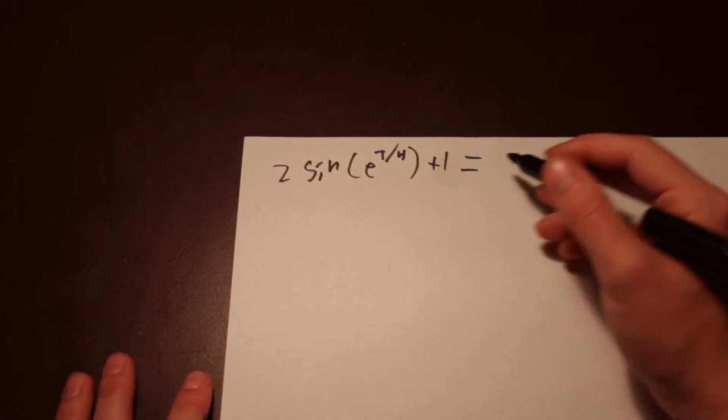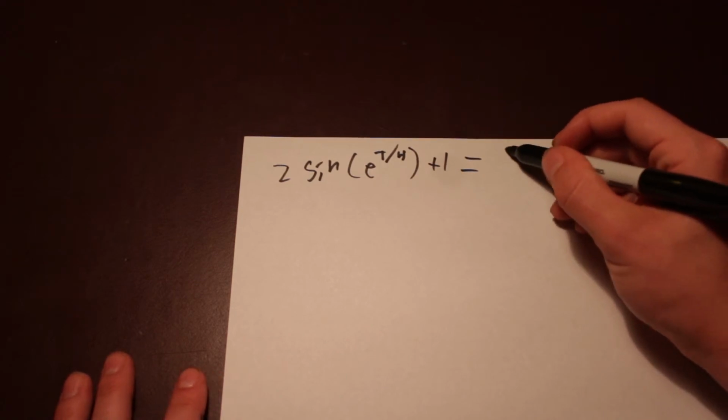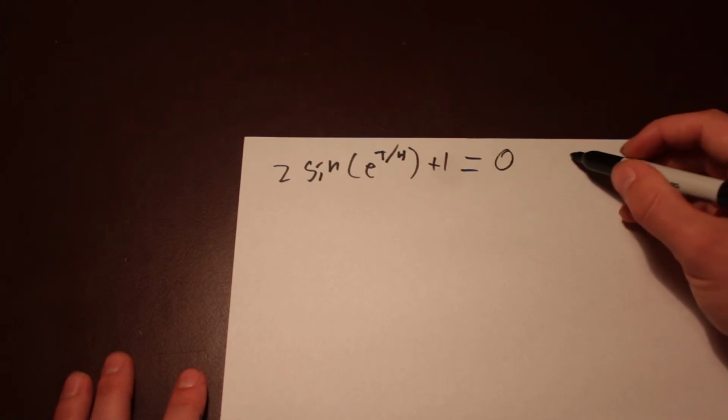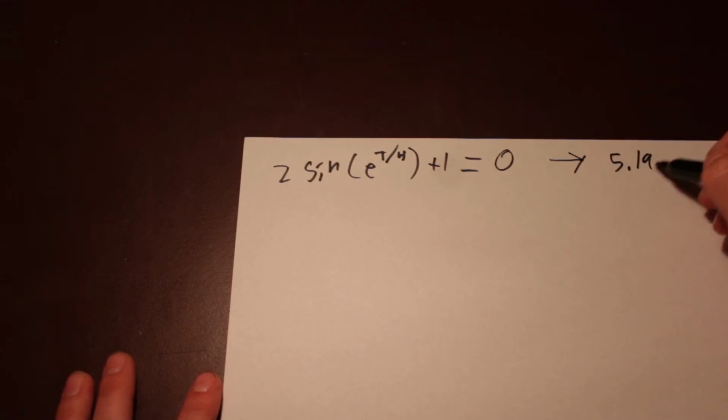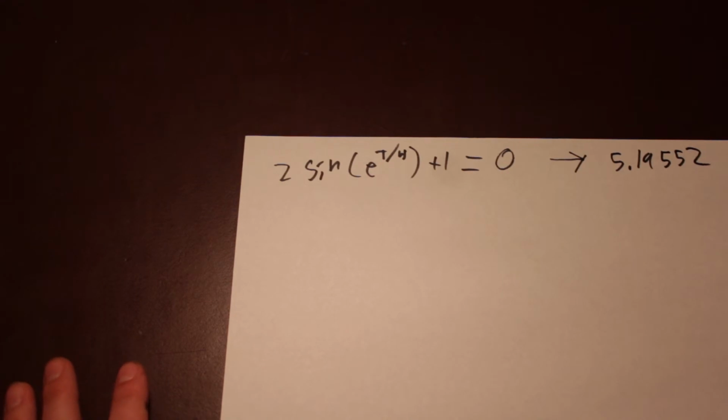If we solve that, we get 5.19552. So, is that our answer? No. That is not our final answer. This is the time that the particle changes direction. If you remember, the question is asking for the position of the particle at that time.